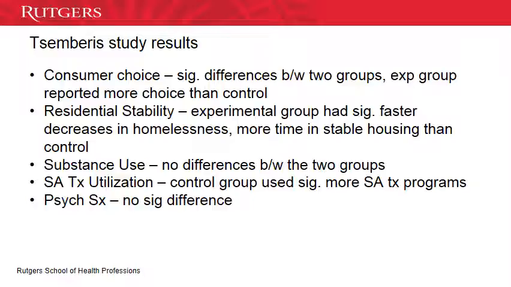This should not be a surprise to the listeners, as we said, housing first lends itself to self-determination, and if people are not being forced into rehabilitation and treatment as a condition for housing, they should report more choice, right? Related to residential stability, the experimental group had significantly faster decreases in homelessness, and more time was spent in stable housing than the control group.